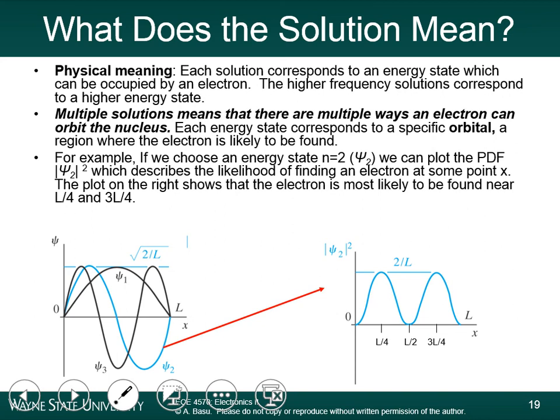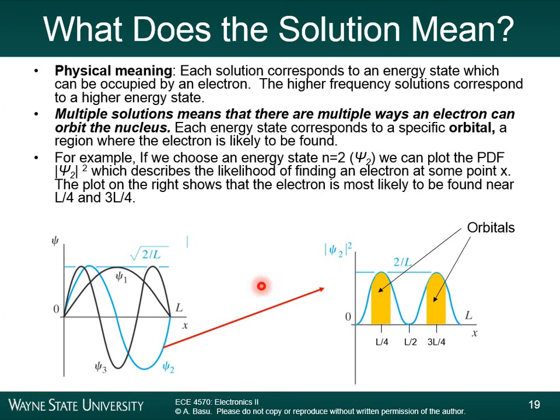So each one of these solutions corresponds to an orbital. That's the way that you can think about it. So going back to this one-dimensional example, the orbital is a region where the electron is most likely to be found. If we choose an energy state n equals 2, so this is psi 2, the function shown in blue here, then we can plot the probability density function, psi squared.